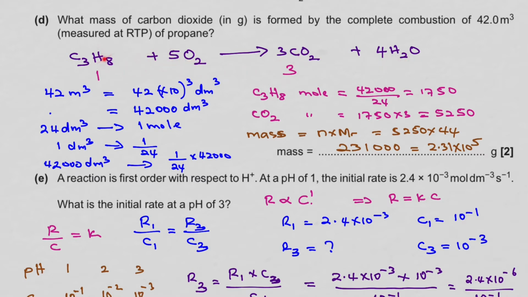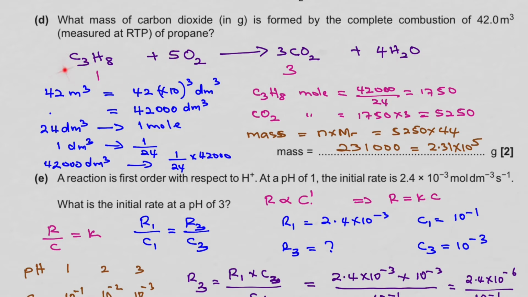Because you've got 8 hydrogen, and water is H2O, you have to multiply by 4 to get 8. And you've got 3 carbon, so you put 3 there. Then you add up the total number of oxygen: 3 times 2 is 6, 4 times 1 is 4, 6 plus 4 is 10, so you do 10 over 2, and that's 5. That's how you balance the equation.